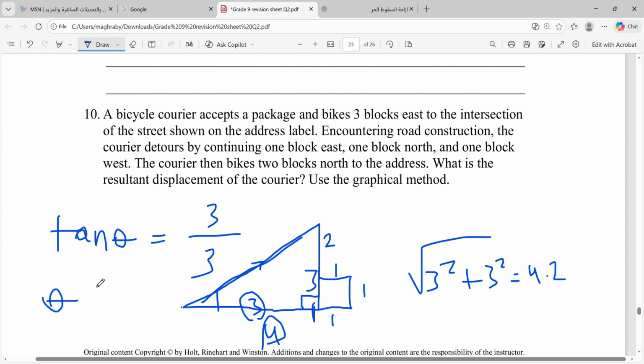So we turn tan to the other side with tan inverse: tan inverse of 3 over 3. How can you do tan inverse on your calculator? Shift tan 3 over 3. It will give you 45, so the angle is 45 degrees.